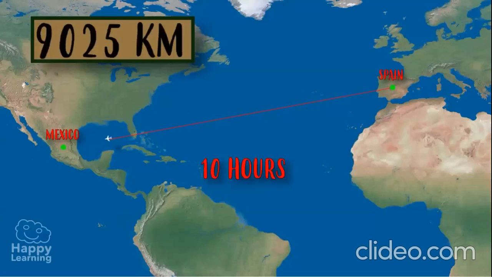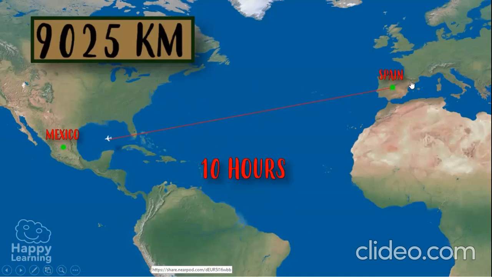I'd like to know if you know how much distance there is between Spain and Mexico. Do you know? No, teacher. The distance between both of them is 9,025 kilometers.